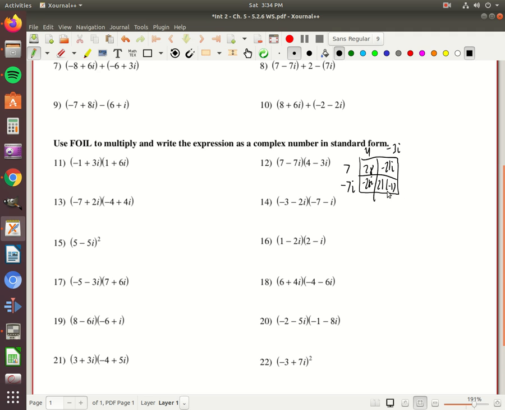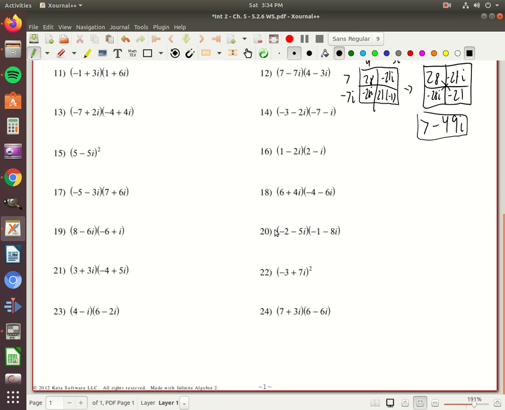So if I rewrite this whole thing, I'm going to get 28 here, negative 28i here, negative 21i here. This is going to be negative 1 times 21. This is actually negative 21. So when I combine, I'm going to get 7 minus 49i. Kind of tricky, and again, you want to be real careful with those rules.